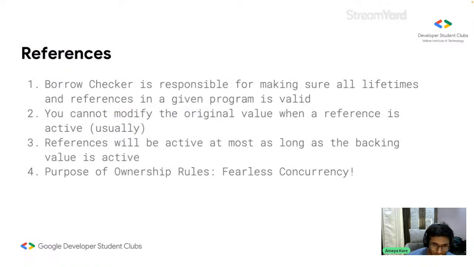So I'll now explain the purpose of ownership rules. The purpose of ownership rules is basically that you want to have fearless concurrency. A problem in concurrent applications is that you have two things trying to write to the same value in memory, right? Two threads, data races, all of that starts from the fact that you can have two independent processes modify a single value.